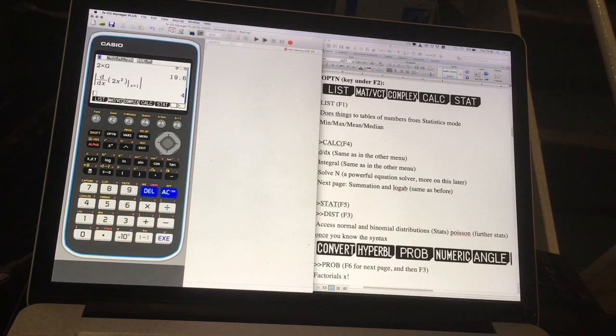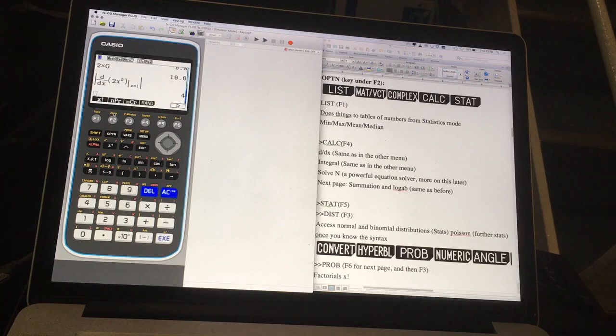We've also got the stat function, which will be really useful for statistics. Again, in there we've got standard deviation, variance, and some distributions. I'll be talking a lot more about that next week as well. And on the next page, we've then got probability, which is where you find your factorial, your NCR for your binomial expansion, and a random number generator.